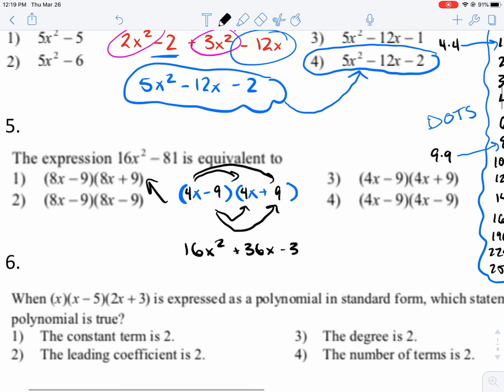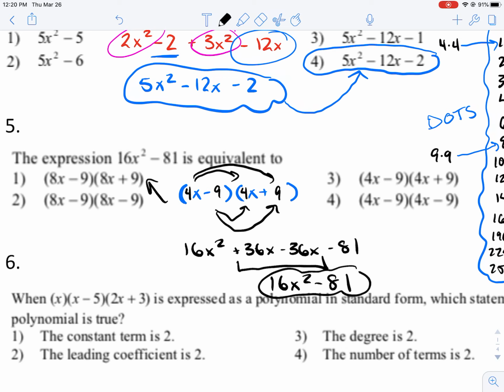Negative 9 times 4x is a minus 36x. And negative 9 times 9 is minus 81. And again, these two things cancel in the middle. Whoops, that's a bad looking 8. And there's your answer.